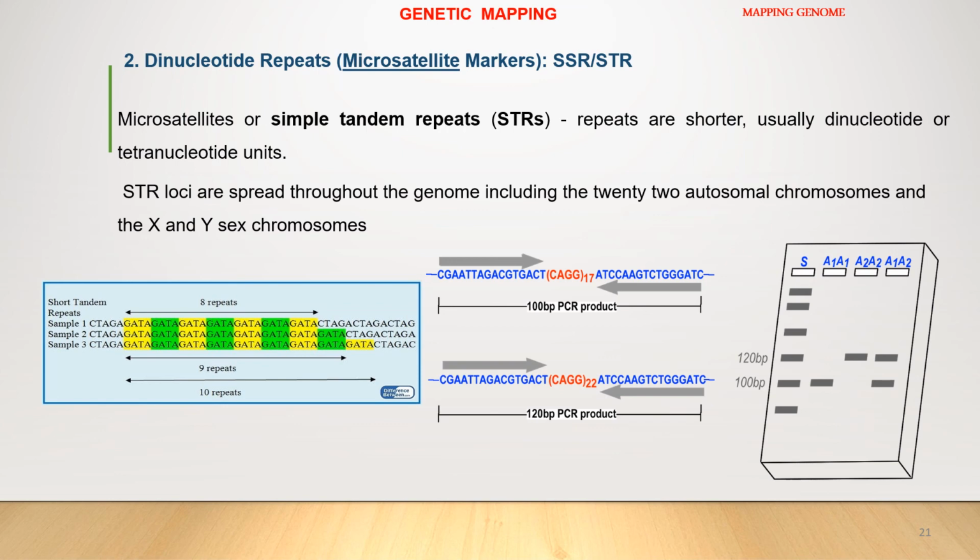SSR or microsatellites. These are tandem repeats of shorter length, usually dinucleotide or tetranucleotide, distributed throughout the genome. The advantage of these over VNTR is that they are uniformly distributed in a genome.